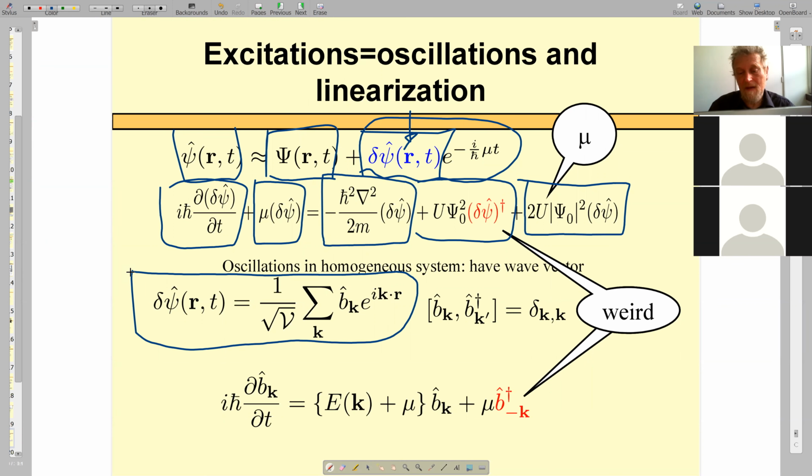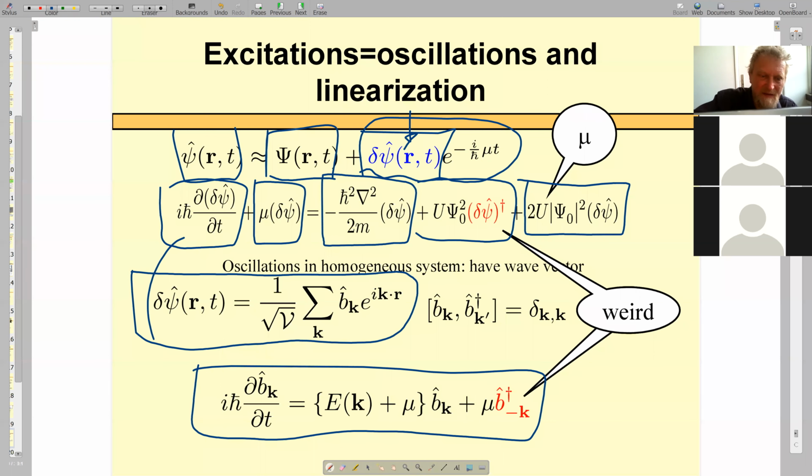But yeah, if I rewrite this equation in terms of operators, I get this strange term. So normally I have separate equations for B and B dagger, and those terms just mix.